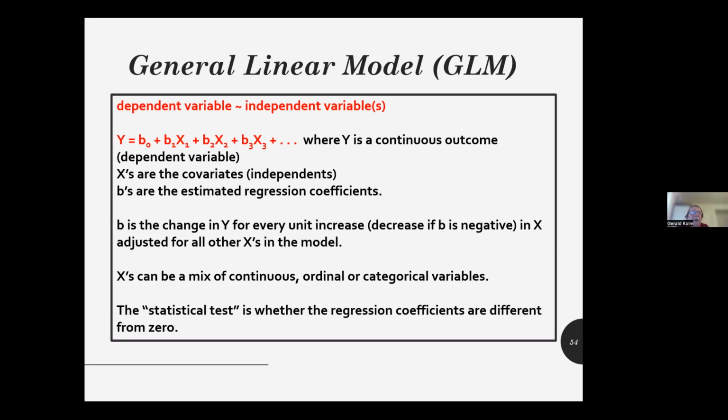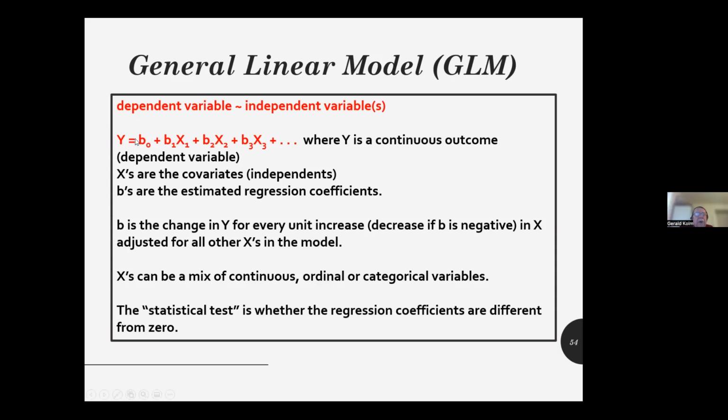Basically, this is our equation, where we have a dependent variable that's modeled as a function of some independent variable or combination of variables. We represent this by y being our dependent variable, and then the b's are regression coefficients.